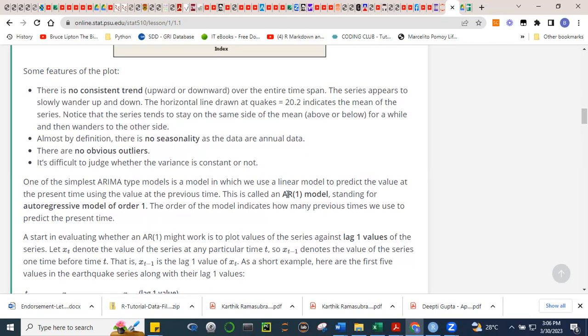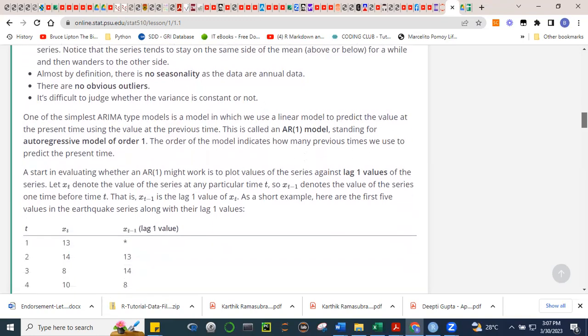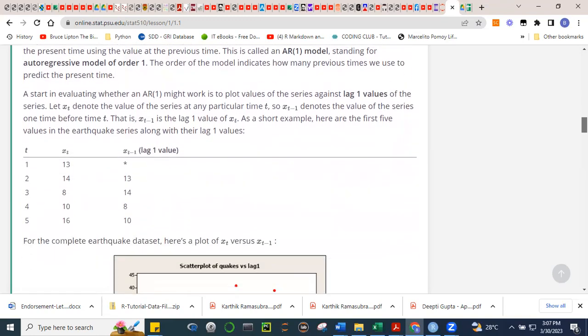If you're modeling, for example, the sales of a particular company, and you want to predict and create a time series model, then you're going to use the past values of the sales of the company. If you're doing that, you're creating what we call an autoregressive model. An autoregressive model of order 1 means that you're using the past values of your data.